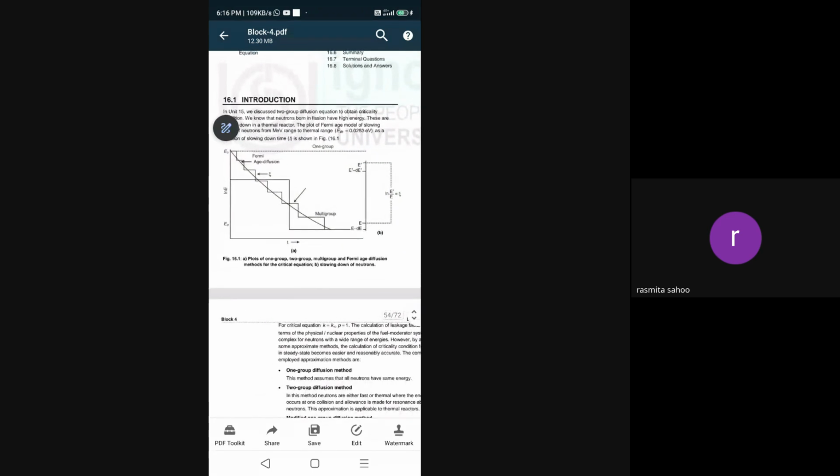One group, two group, multi group, and also Fermi age diffusion methods are shown in the graph.